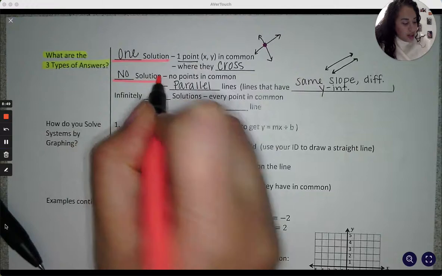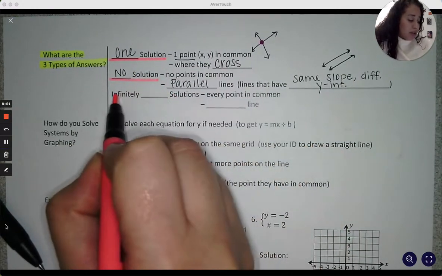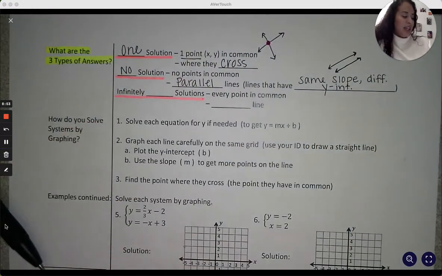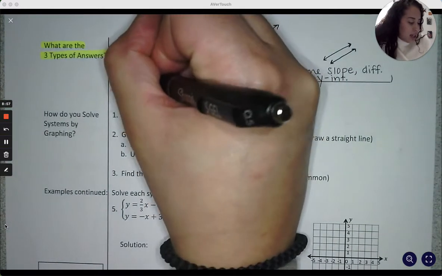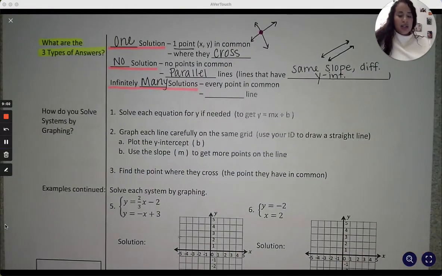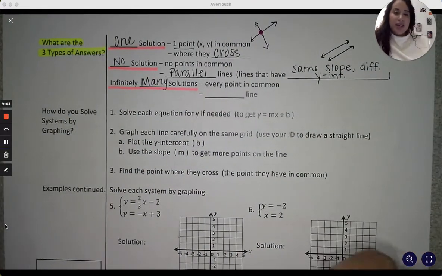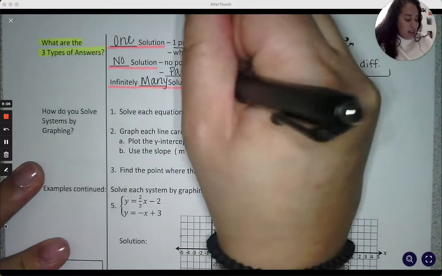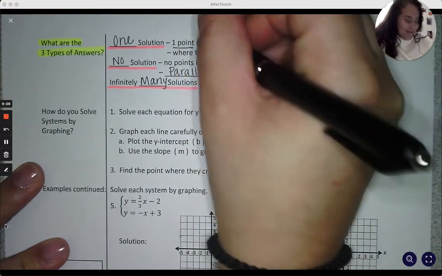no solutions, or my personal favorite, infinitely many solutions. And the reason I like infinitely many solutions is because they have every single point in common, which means they're the exact same line.